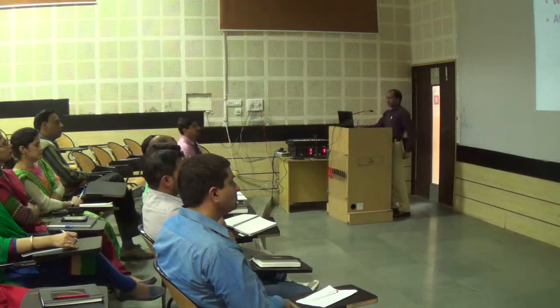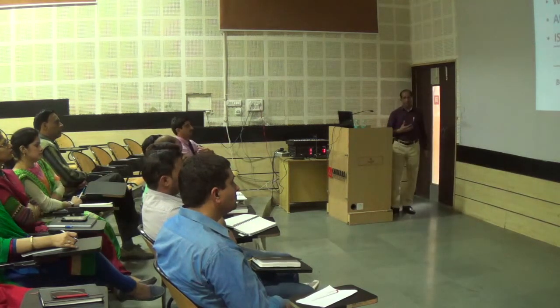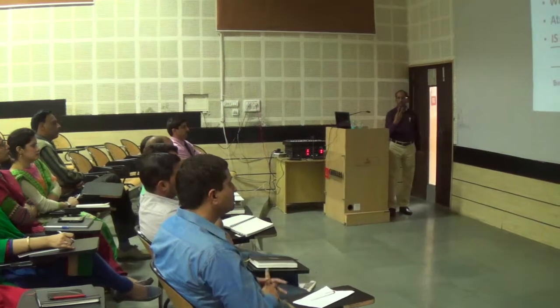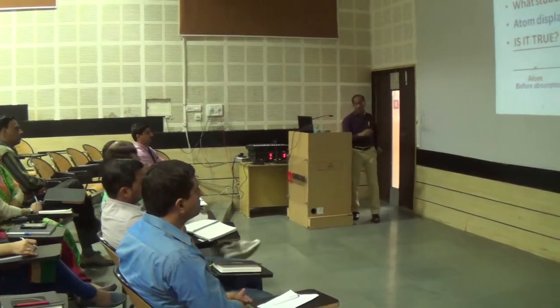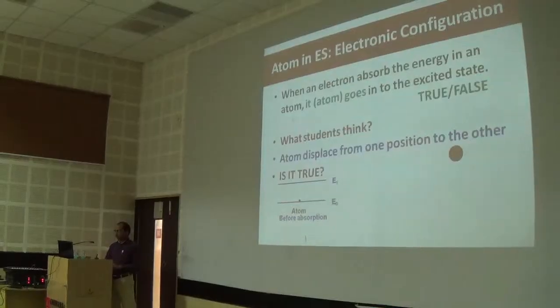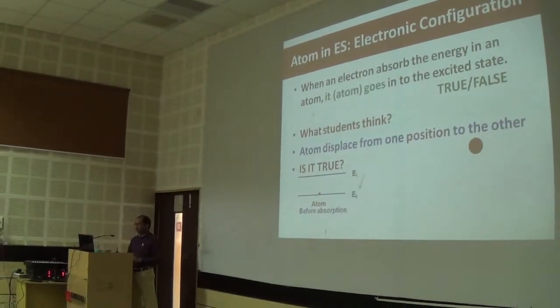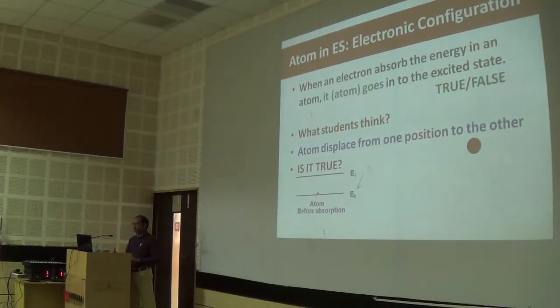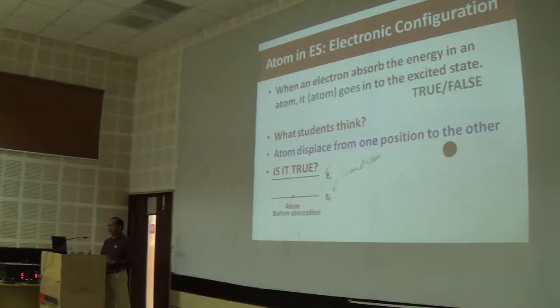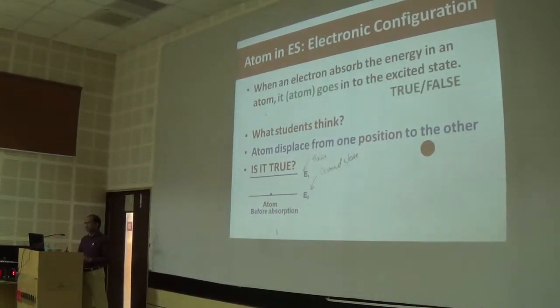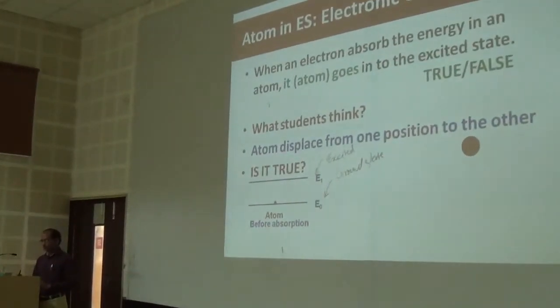And in a similar way, the next definition which we give to them is with the help of these two lines. E naught indicates the ground state of the atom and E1 indicates the excited state of the atom. Everybody knows and everyone uses it.